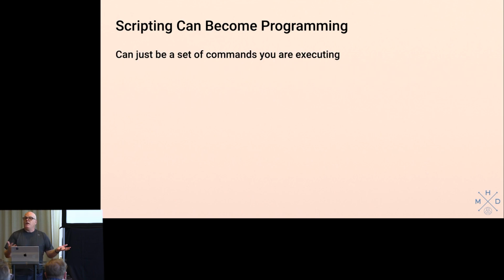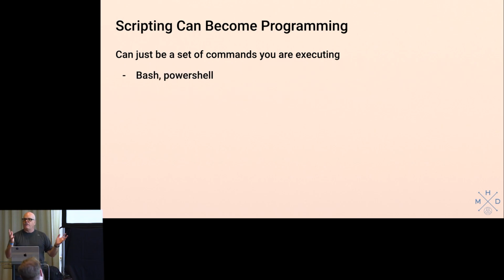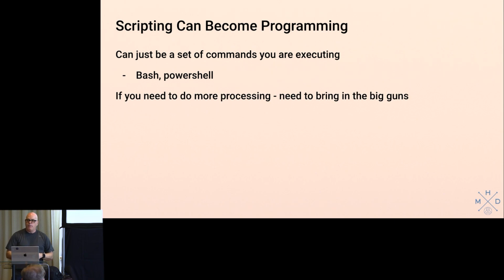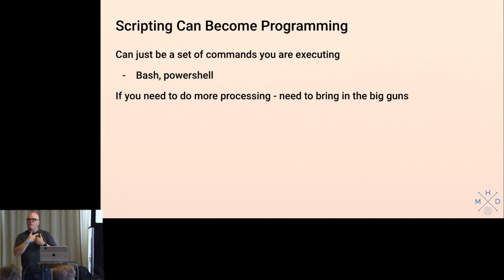At some point, scripting can become programming. So you could have things that you run in the script, like Bash and PowerShell scripts. But sometimes you need to do more processing. You saw the output from the SF command can be formatted in JSON format. Well, that's really powerful. That could give me the ability, there were things in there like the users and stuff.